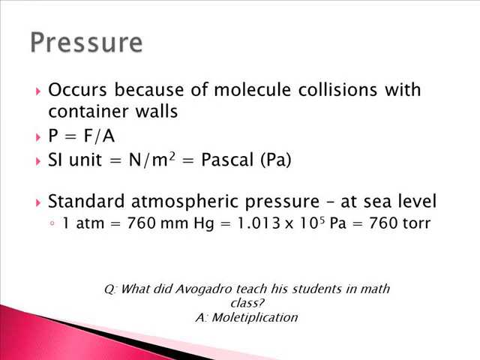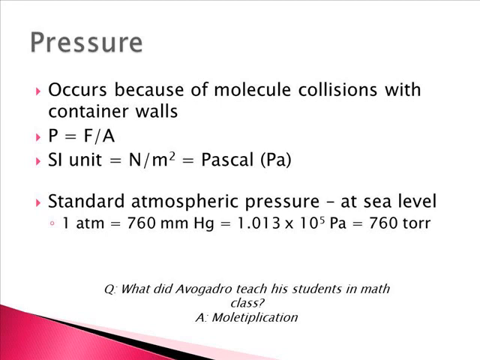So if we take each individual gas particle, figure out the force with which it hits the wall, multiply that by all of the gas particles to find the total force of all the gas particles moving at their speeds inside the container, divide that by the area of the container walls, we can calculate the pressure. And in physics, the official SI unit for pressure is the Pascal, which is defined as a Newton, that's a force measurement, divided by square meters.